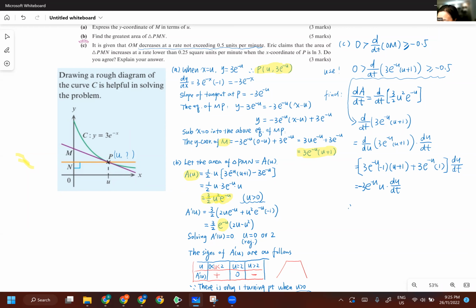And we know that 0 is greater than negative 3e^(-u) u du/dt greater than negative 0.5. That's my condition. I can simplify this inequality by doing this. Now, if I multiply the negative 1, then this is the thing.